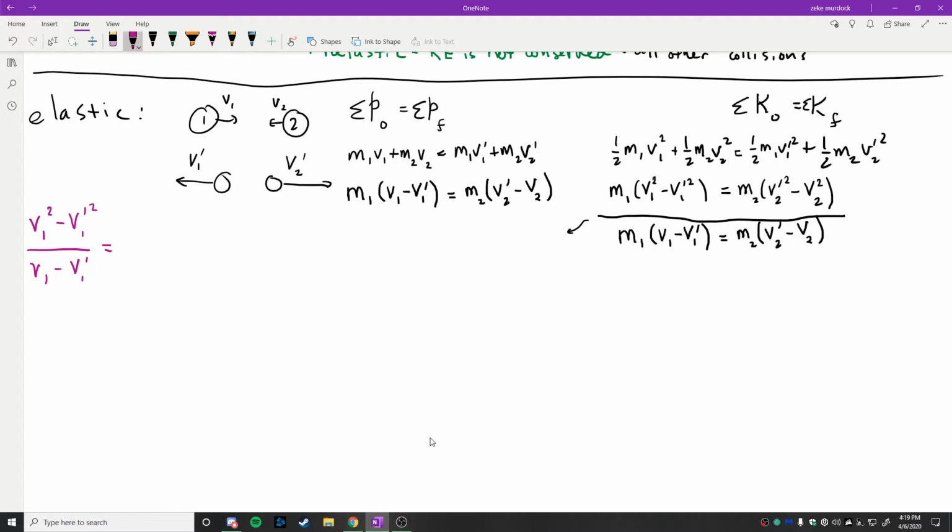Yeah, that's right. And if it doesn't immediately become obvious to you why that's the case, the numerator is a difference of squares. So we can write it as v1 minus v1 prime multiplied by v1 plus v1 prime, and we're dividing that by v1 minus v1 prime. So that term right there cancels out.